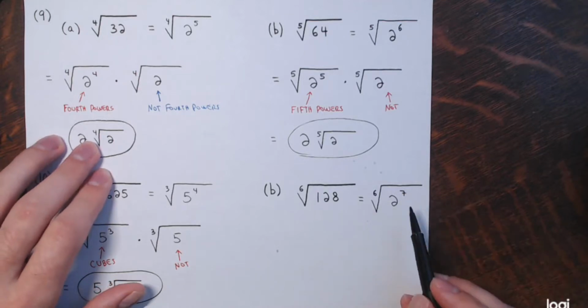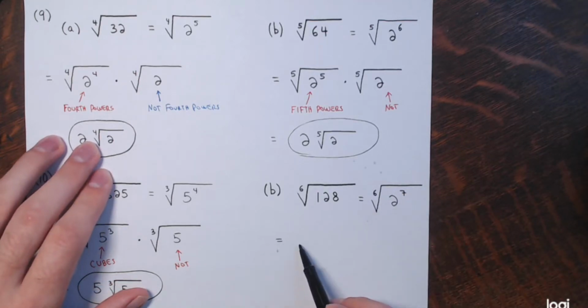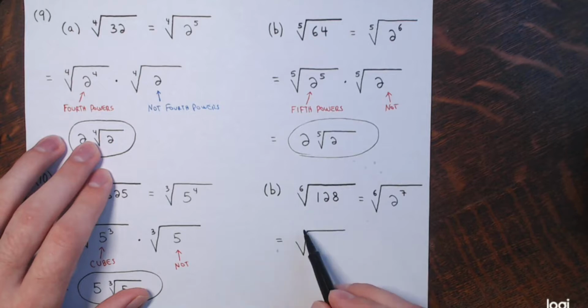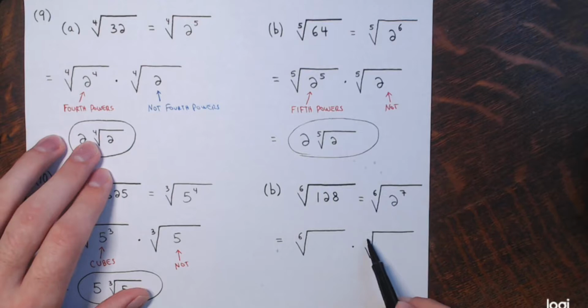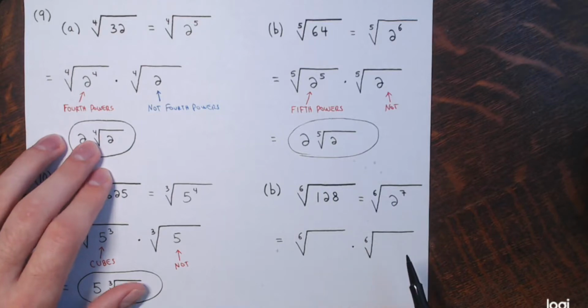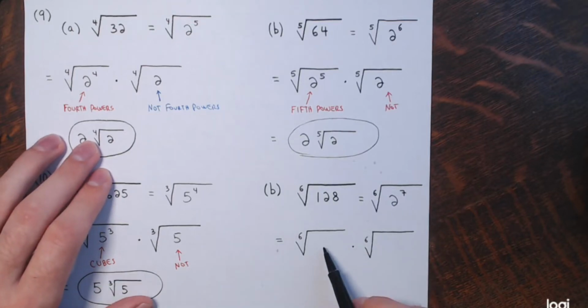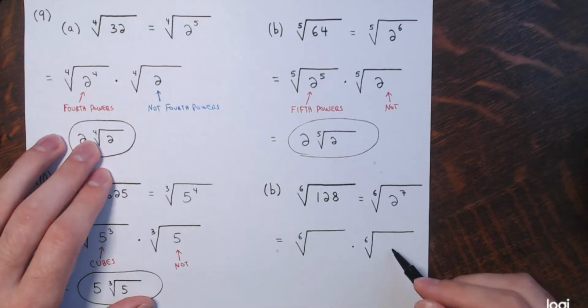All right, and then I'm going to break it up, using the product property, to a sixth root times a sixth root. And in this radical, I'm looking to put sixth powers, something that can be raised to the sixth. And then here I'm putting not sixth powers.